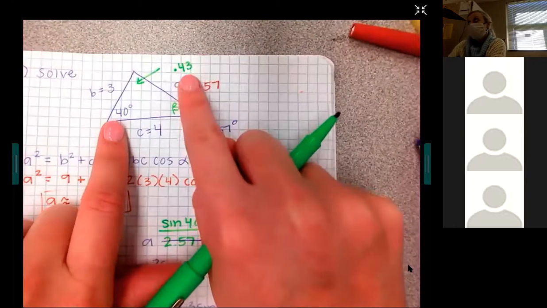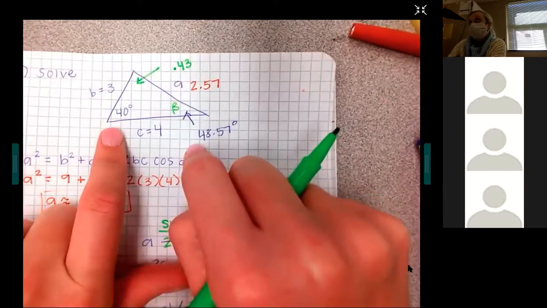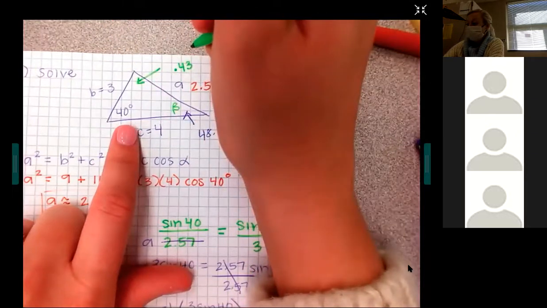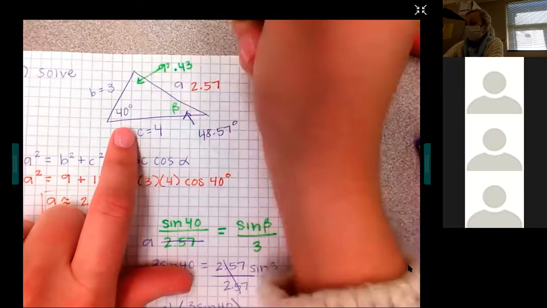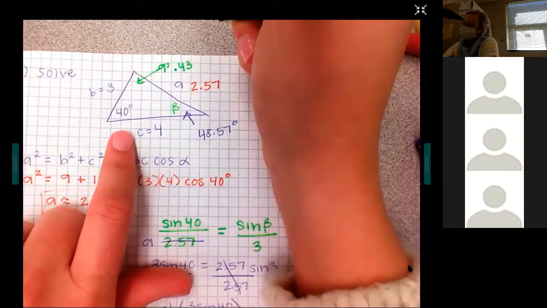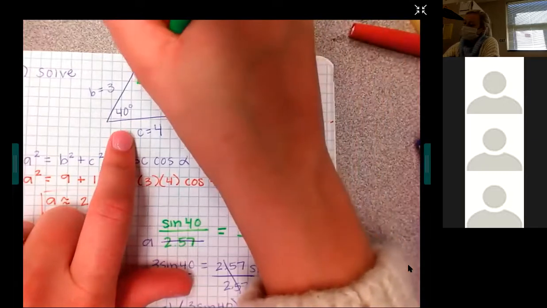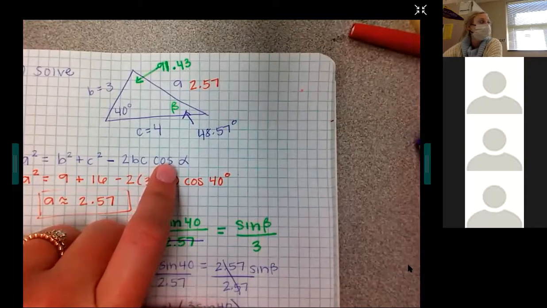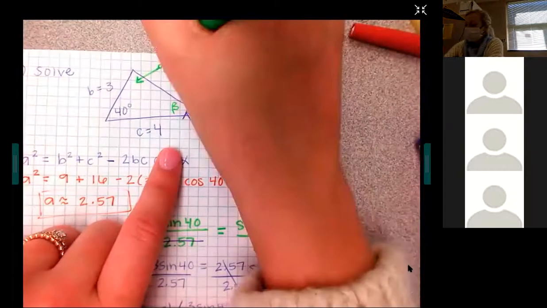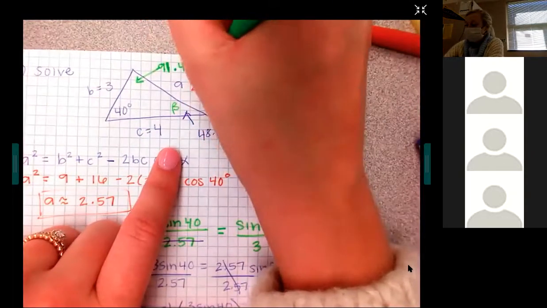But then I've already got my change, so 180 minus 87, 93. Nope. 92. Nope. I'm fussing at y'all not to use the calculator. 91 for real. I prefer you not use a calculator. We need to work on our mental math, me included. So this angle C would be 91.43 degrees.